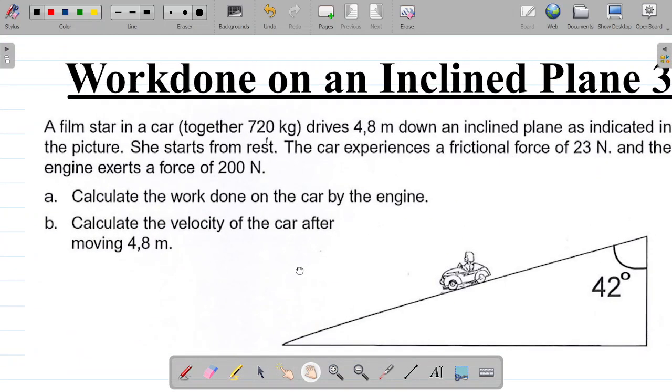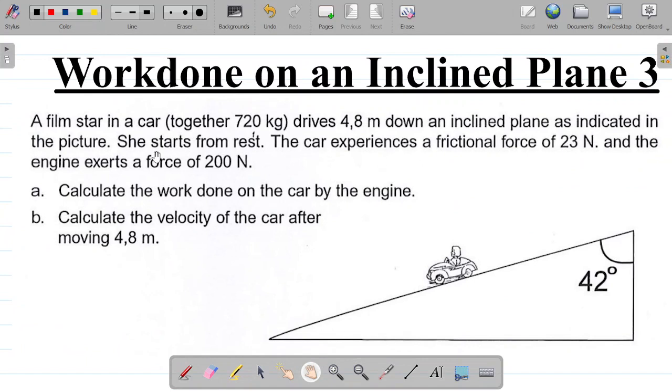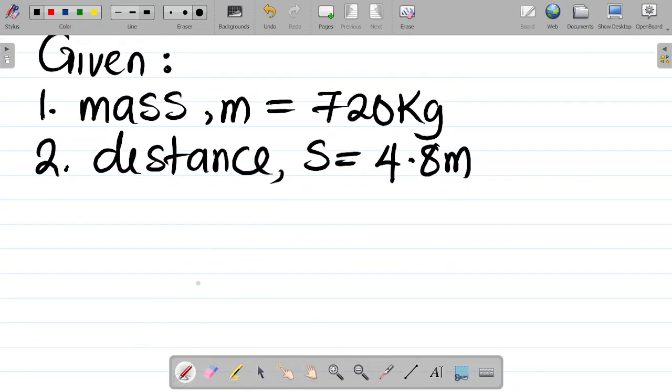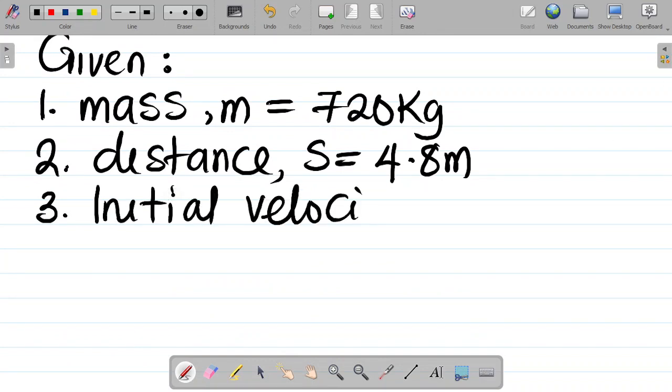Next, it said down an inclined plane as indicated in the picture. So you have this one here. She starts from rest. The concept about starting from rest is that the initial velocity, number 3, u, is equal to 0.